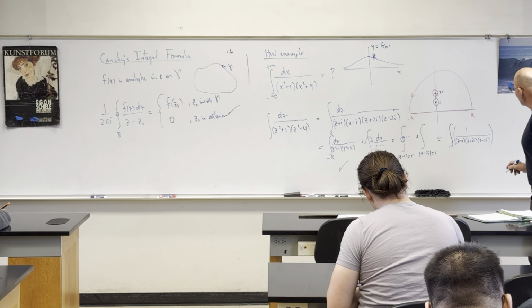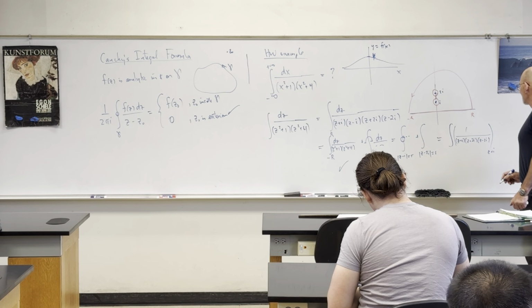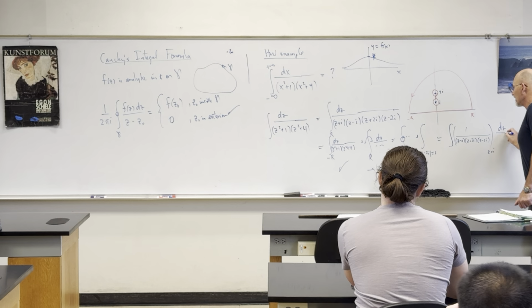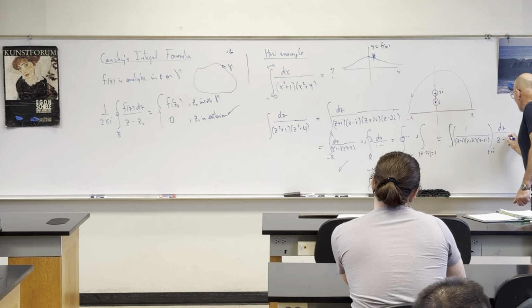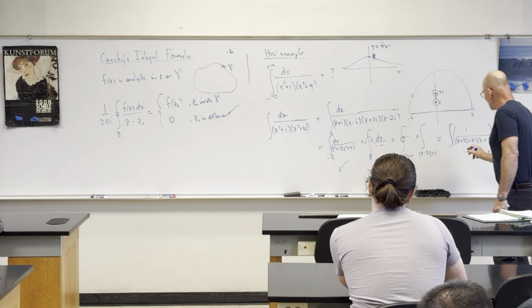So this whole thing is just going to be evaluated at z equals I. And what will be left is the dz over z minus I, which is the integral we just did.